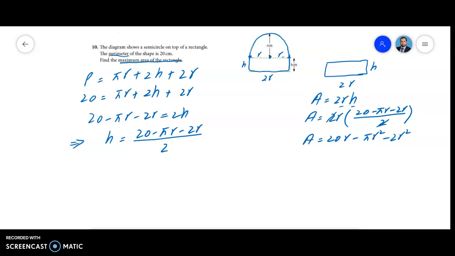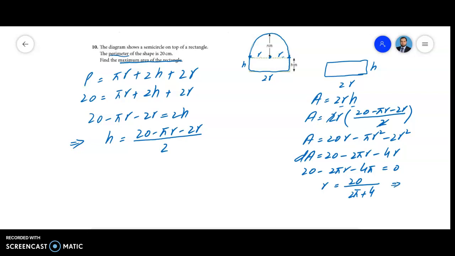Now from here, we need to find the derivative to look for the stationary point. The derivative is 20 minus 2 pi r minus 4r. If we set the first derivative equal to 0, we will get the value of r, which will be 20 divided by 2 pi plus 4.